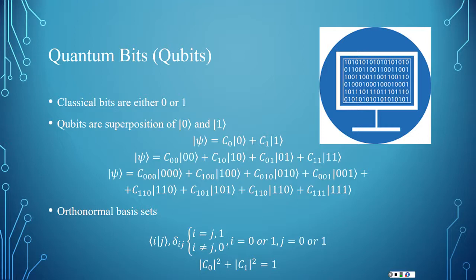But as we increase the number of qubits, the number of states grows much quicker, because we can get 0, 0, 1, 0, and so forth. If we go to 3, we get 8 combinations, and they're all linear combinations.